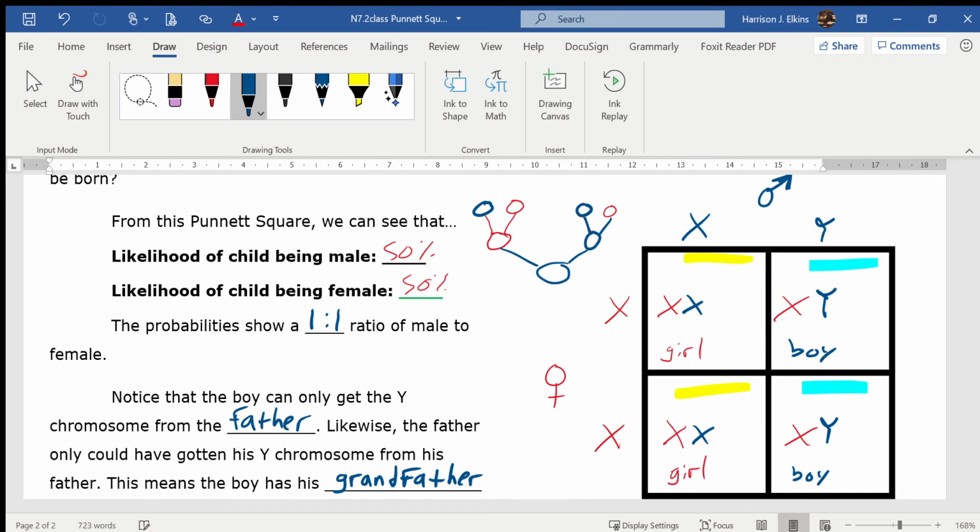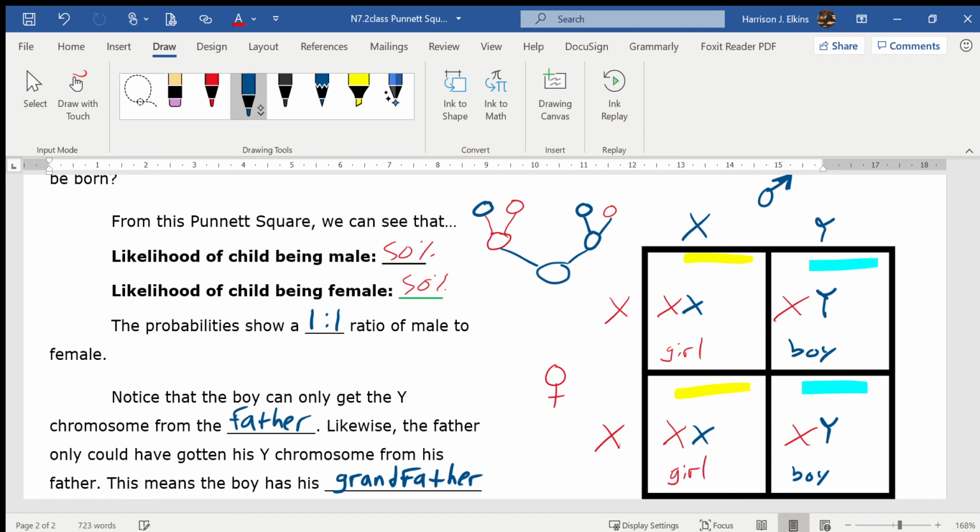Okay, very simple diagram. So here the father's mother and the father's father, those are the grandparents. So this boy has 50% from his mother and 50% from the father, but you would think he would have 25% of their DNA, 25% of their DNA, 25% of their DNA. That's actually not true. He does not have that.